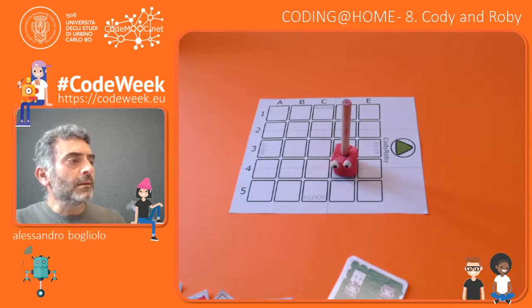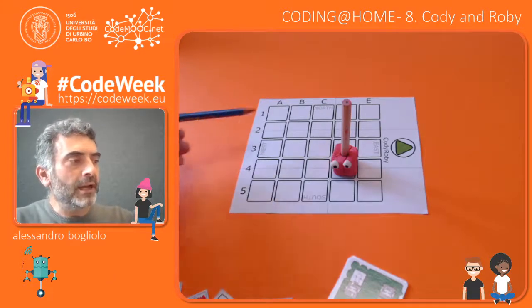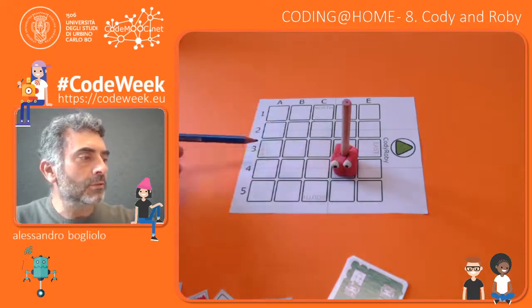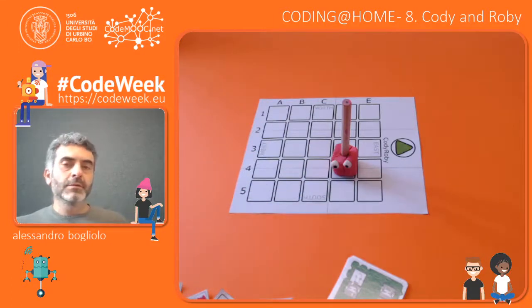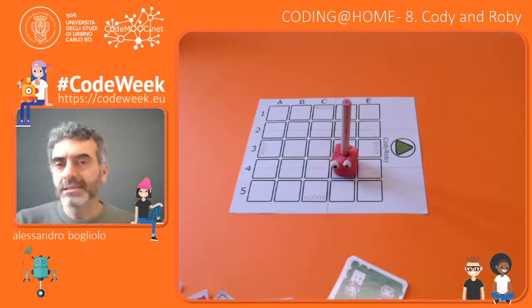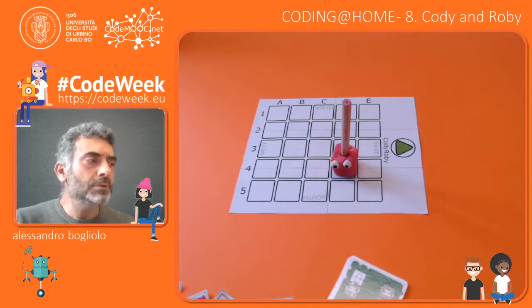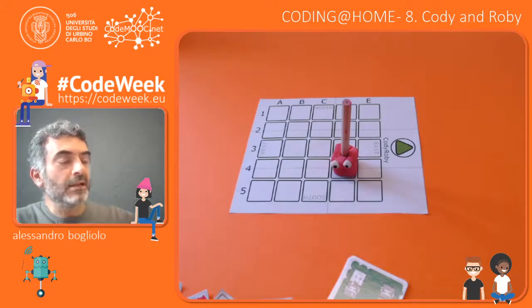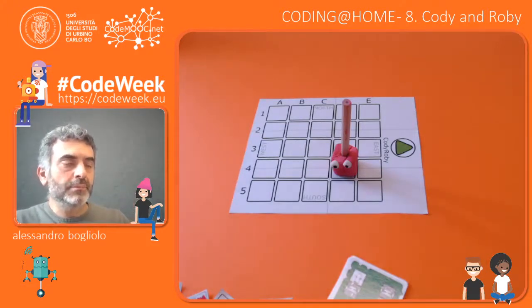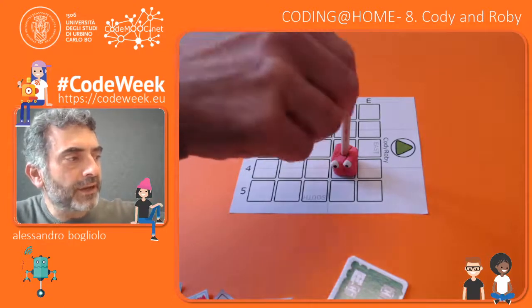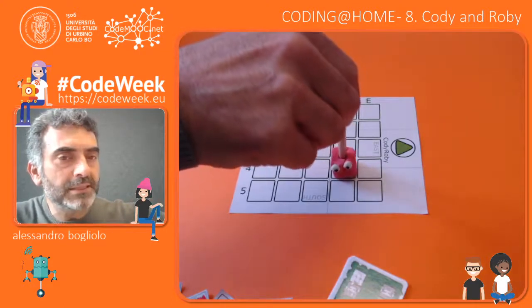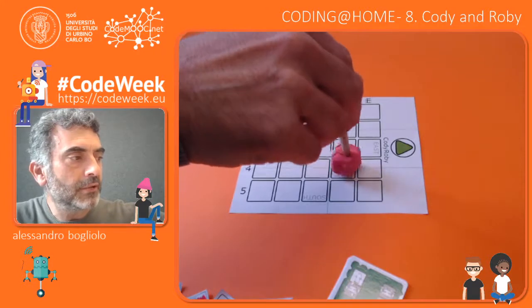Okay? But why can I also mention north, east, west, and south? Because by just saying where to place the robot, I'm not specifying whether the robot has to be placed this way, this way, this way, or this way.